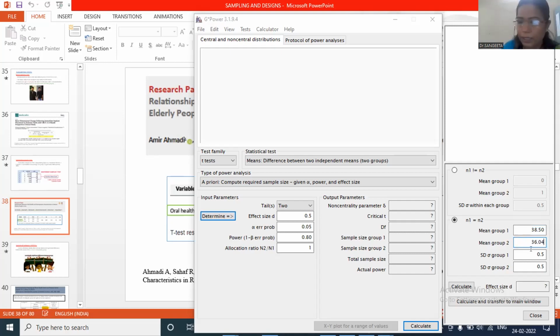Okay, the standard deviation of the first is 7.263, and the standard deviation of the next group is 7.01. Clear? So we'll say calculate and transfer, and then simply say calculate.